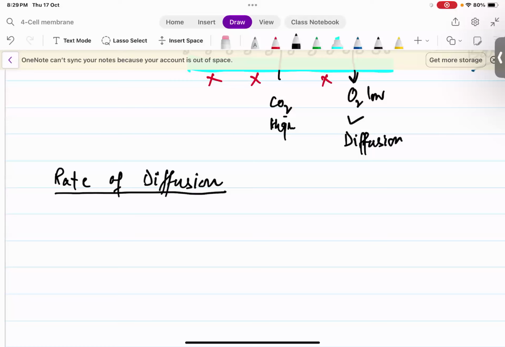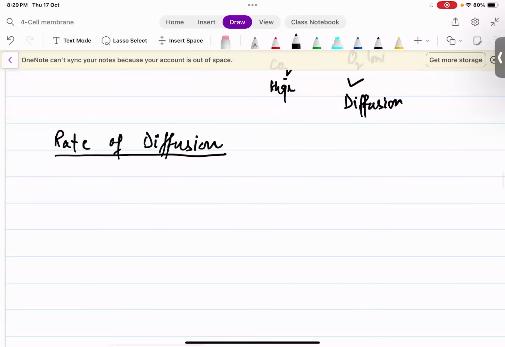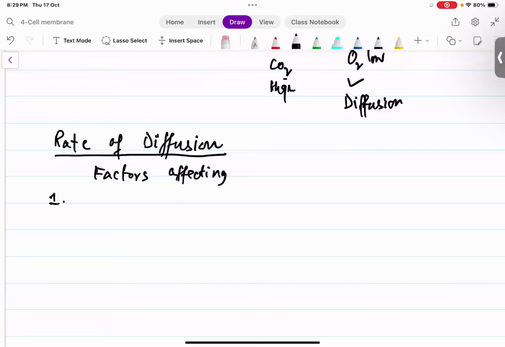Factors affecting the rate of diffusion include, number one, temperature.